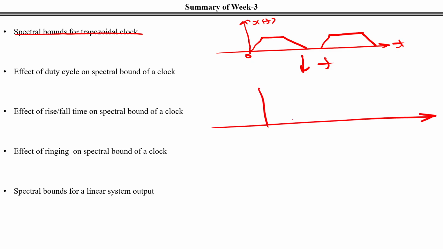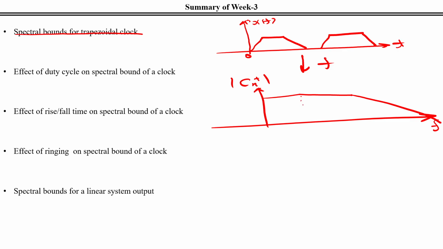The spectrum will look something like this. This is the expansion coefficient Cn. The spectral bound of a trapezoidal signal looks something like this.